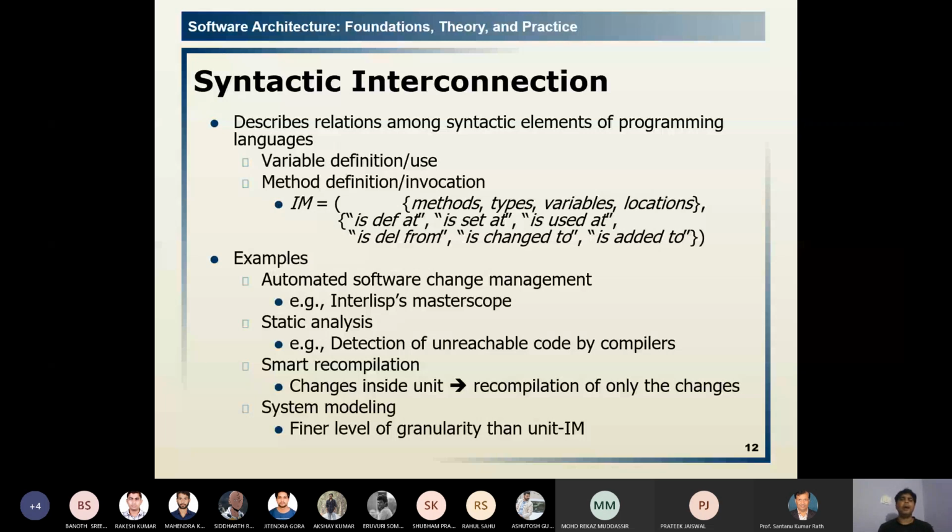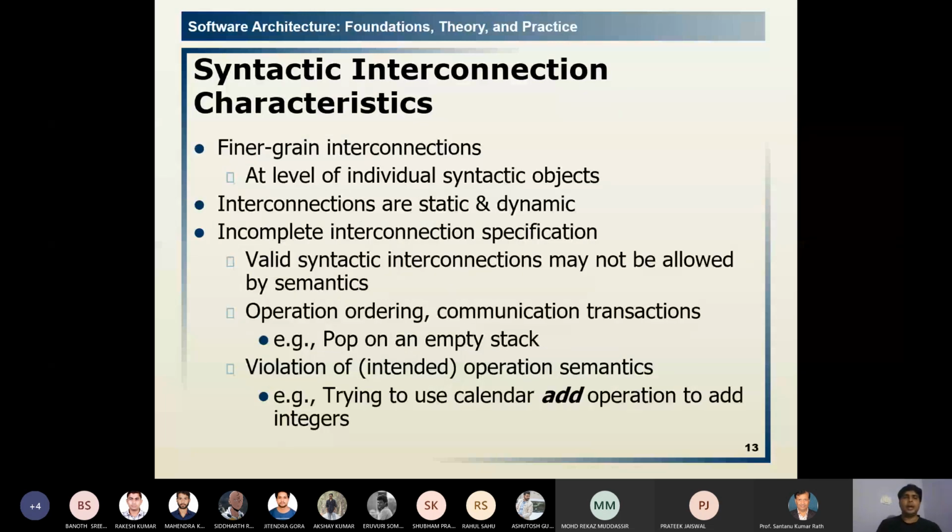Their characteristics: these are fine-grained interconnections. The unit interconnections are coarse-grained, whereas this is fine-grained at the level of individual syntactic objects. The interconnections are static as well as dynamic.